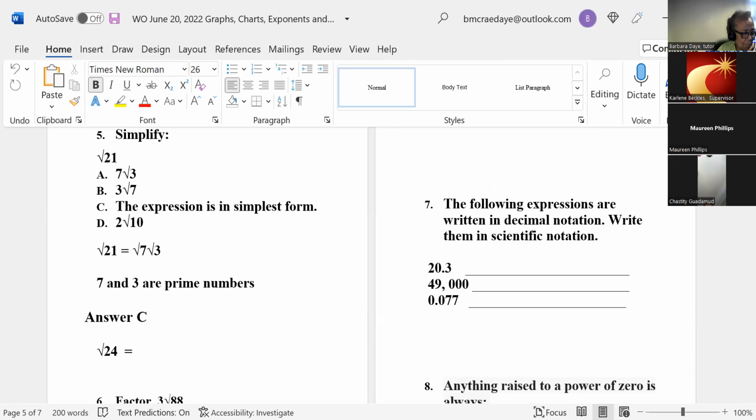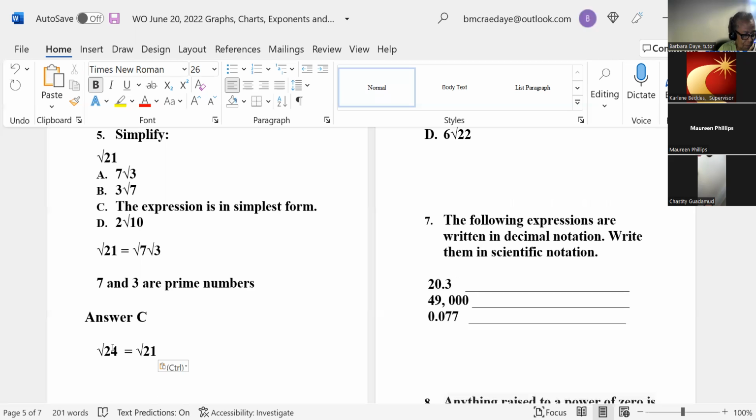Give me 2 factors, 1 a perfect square. 6 and 4, that's right.